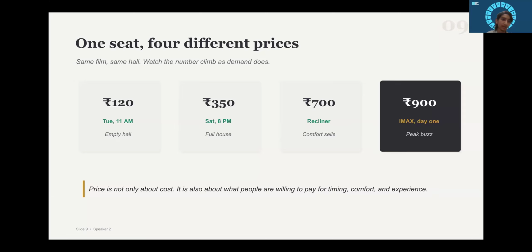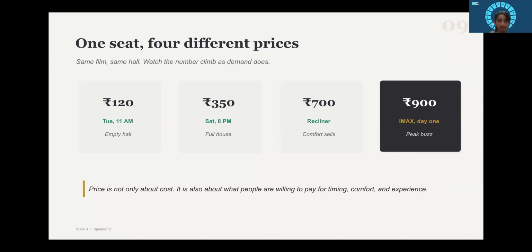On Saturday night at 8 o'clock on a weekend at a comfortable time, it would cost more money and it would be a full house. And a more premium seat with more comfort, a recliner, would cost even more money. And the most expensive would be an IMAX seat on release day, which would cost the most money, 900 rupees or more. Now, this is all for the same film, for a similar seat even.